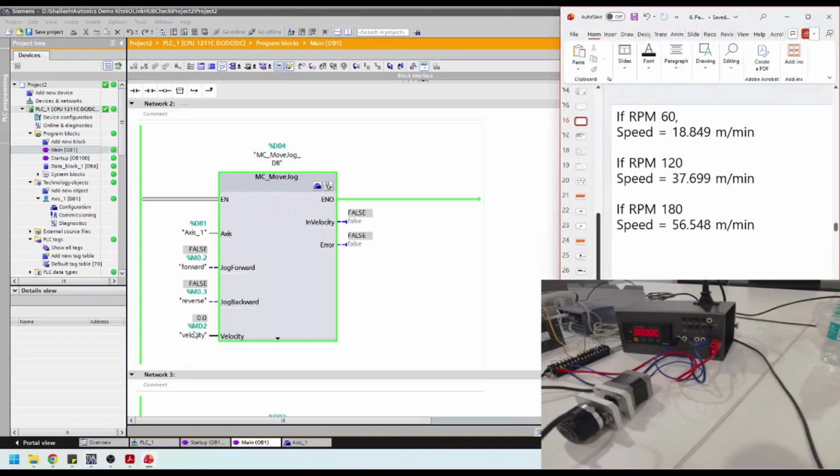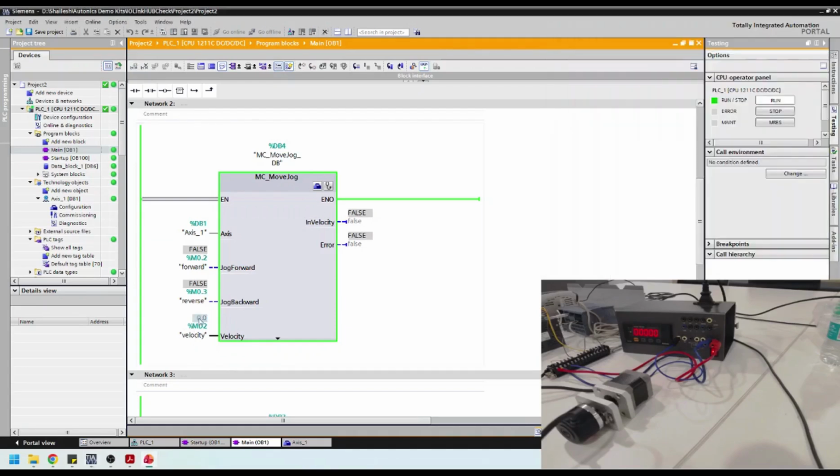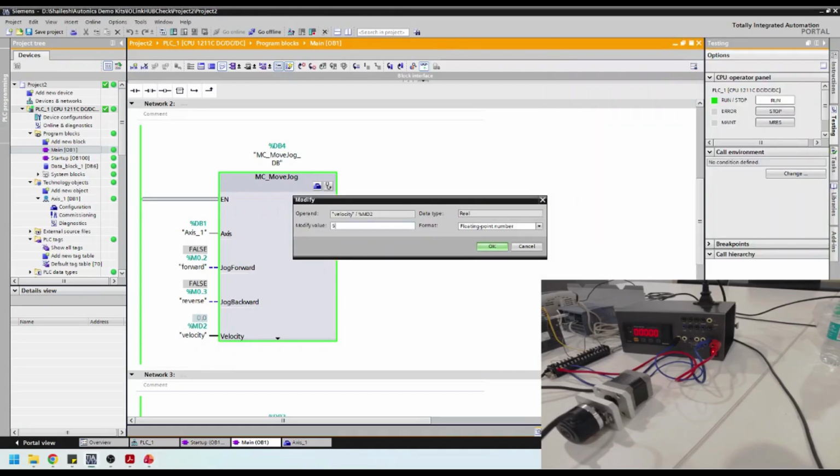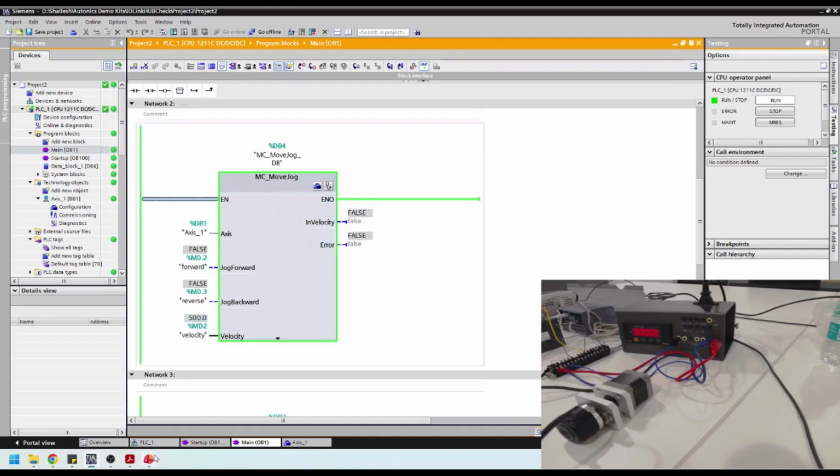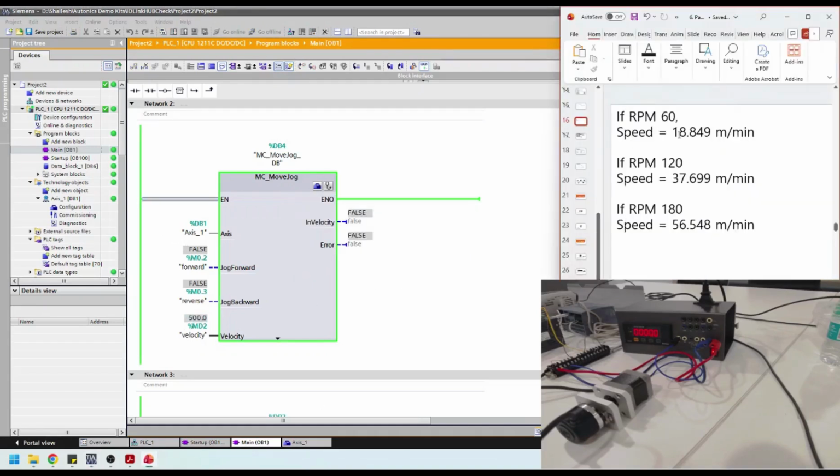So I'm going to give the RPM to the motor now. Let's say I'm going to rotate the motor at 60 RPM. As per our calculation, the encoder giving pulses to the pulse meter should show us 18.849 meters per minute speed.